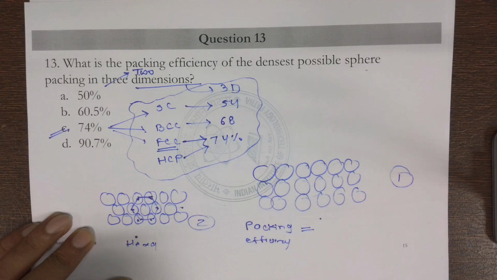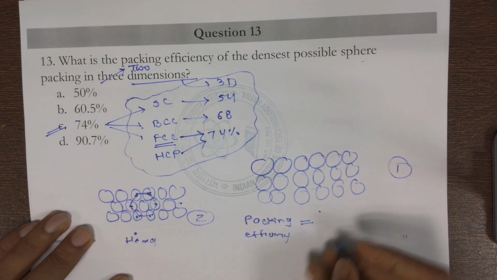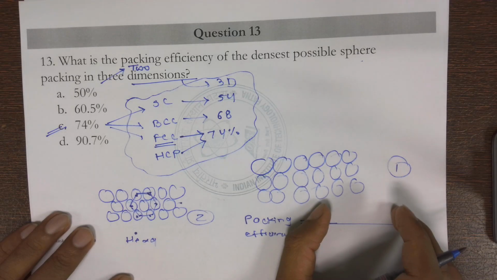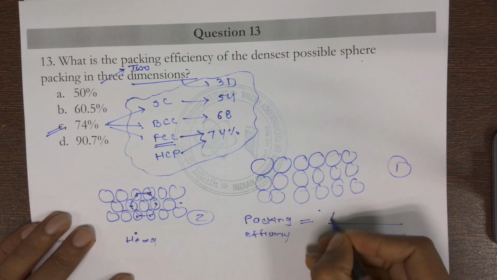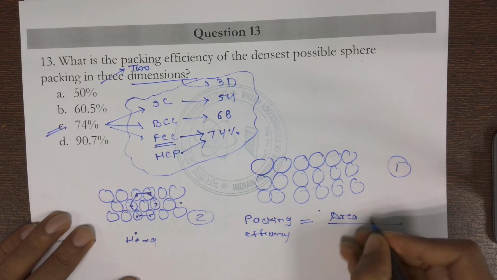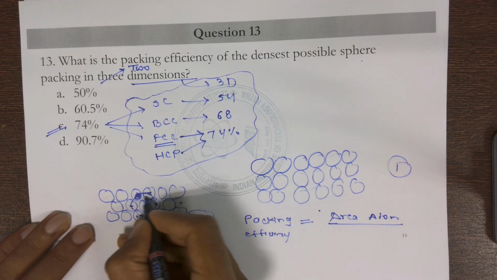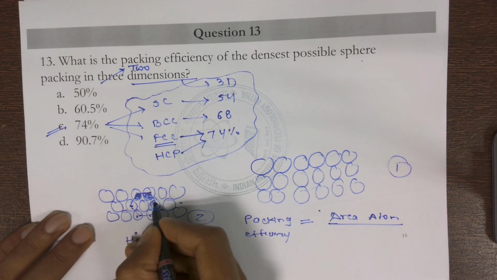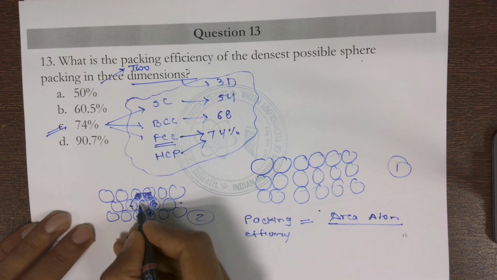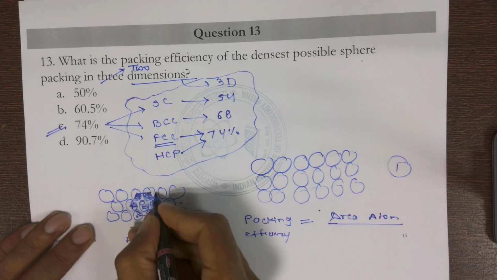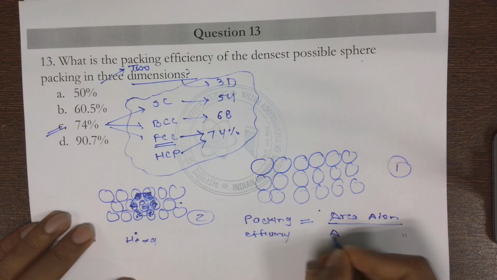if I talk about the packing efficiency here, at the numerator I can put the area occupied by the atoms in this particular plane. So we can say that it will be this area, divided by the area of the hexagon.